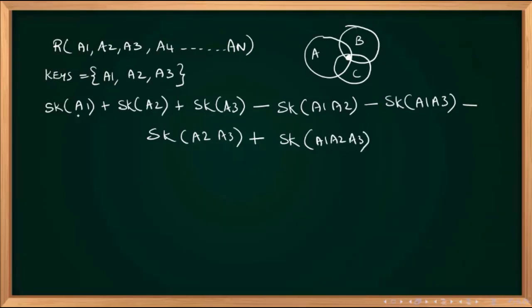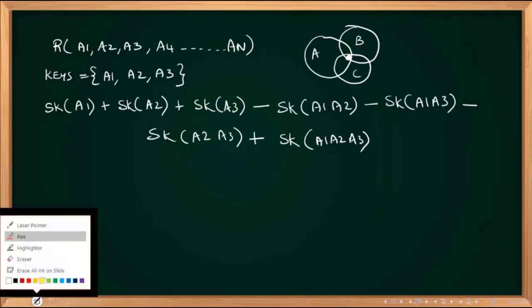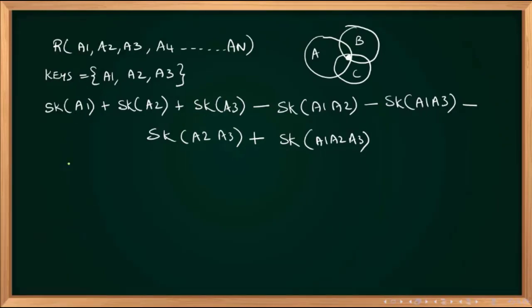So we know this one, it is actually 2 power n minus 1 plus 2 power n minus 1. What is this n? Number of attributes. Okay. If 10 attributes are there, you have to substitute in that way.